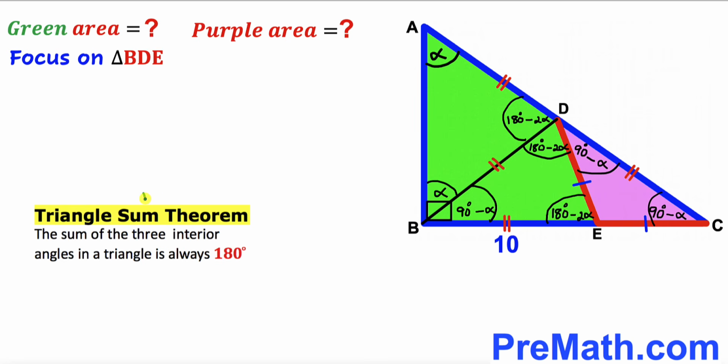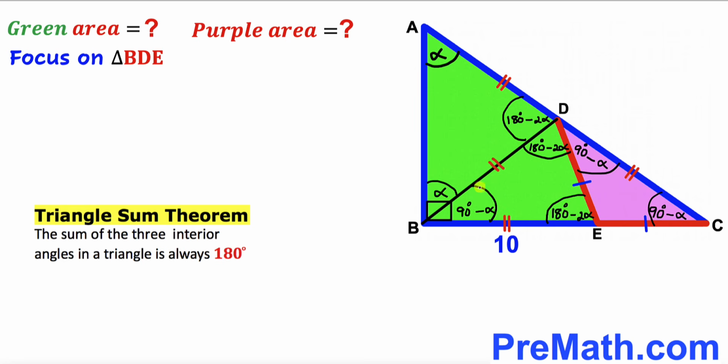And let's recall this triangle sum theorem once again. The sum of three interior angles in a triangle must be equal to 180 degrees. In other words, the sum of all these three interior angles in this triangle must be equal to 180 degrees.